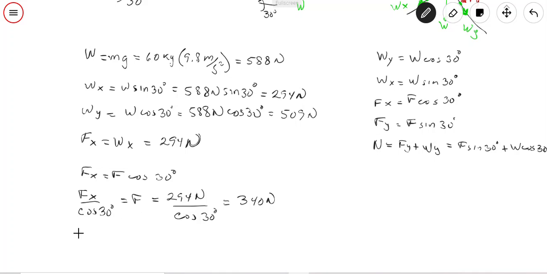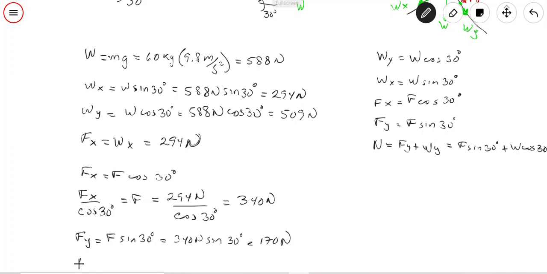Now we can find Fy, because Fy is F sine of 30. So it's 340 newtons sine of 30 degrees. So it will be, in this case, 170 newtons. We found also Fy.